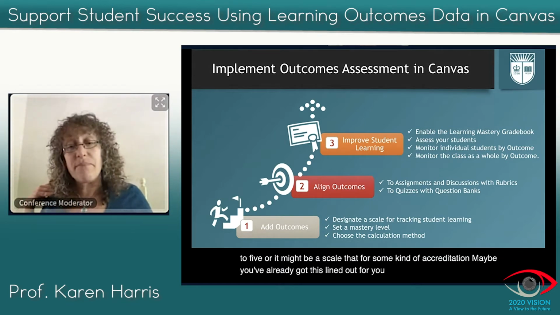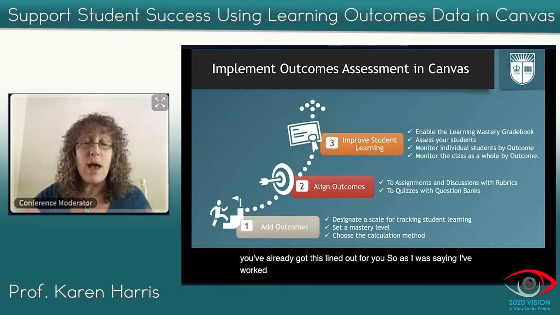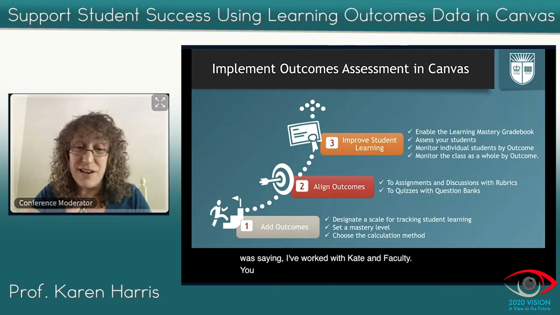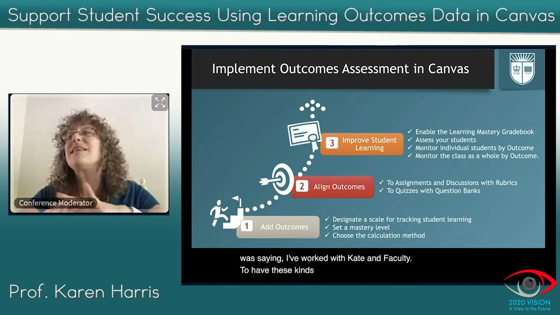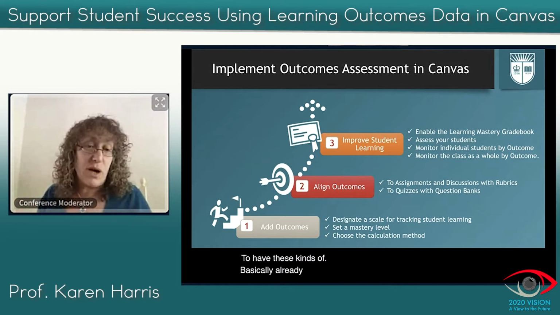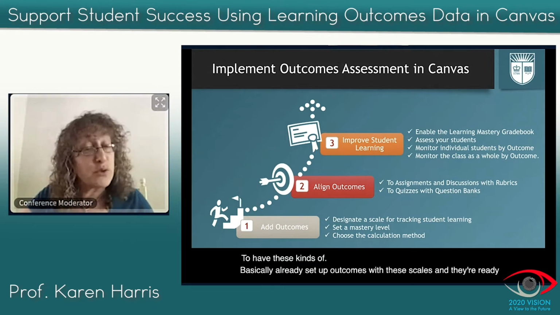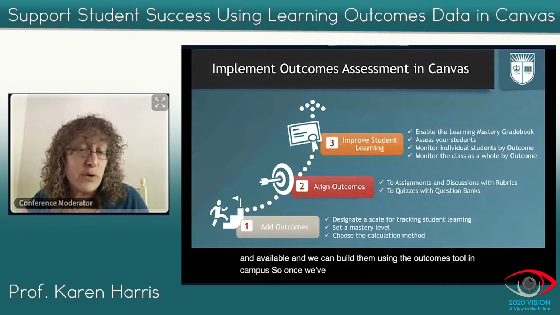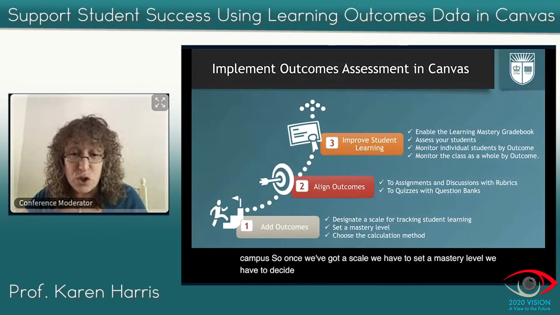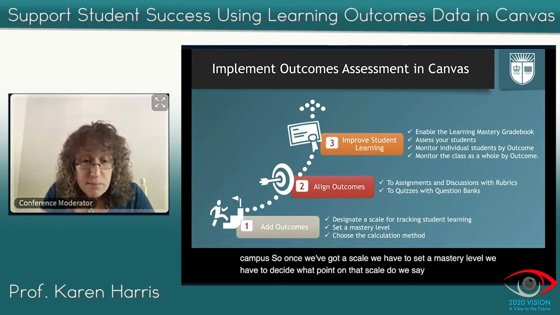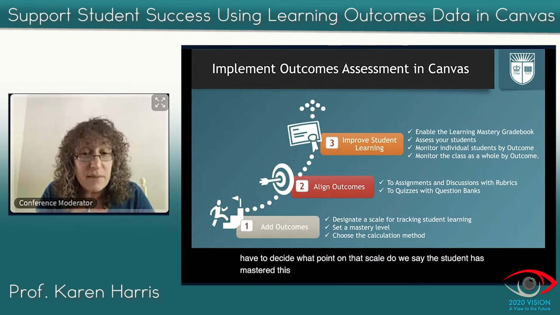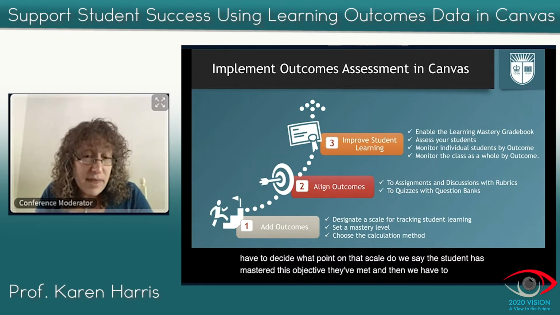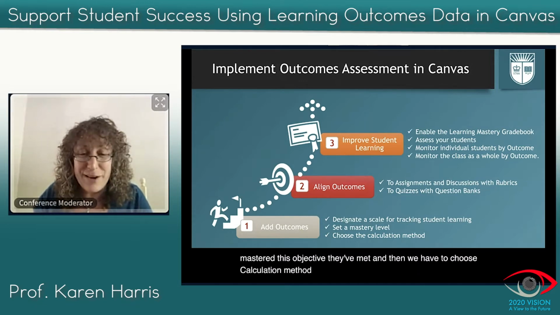As I was saying, I've worked with Kate and faculty who have basically already set up outcomes with these scales. And they're ready and available, and we can build them using the outcomes tool in Canvas. So once we've got a scale, we have to set a mastery level. We have to decide what point on that scale do we say the student has mastered this objective, they've met it. And then we have to choose the calculation method, and we'll talk about that a little bit later.